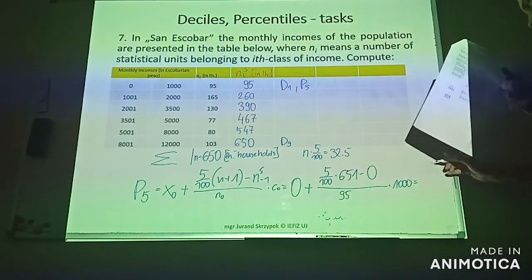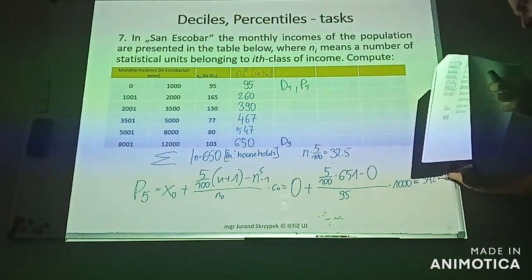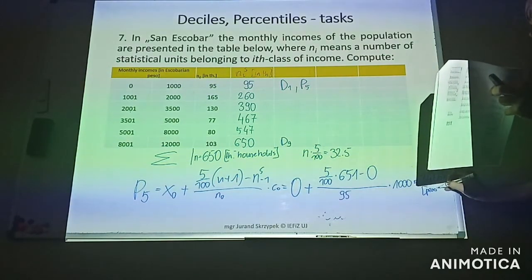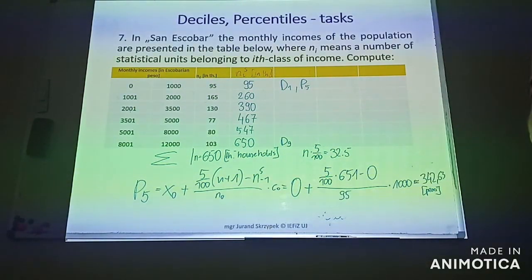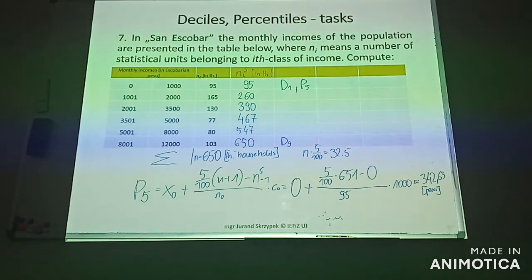Fifth percentile, 342.63 pesos. So the poverty line in San Escobar is established at the level of around 343 pesos. Yeah. All right.